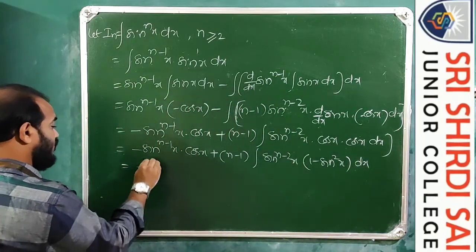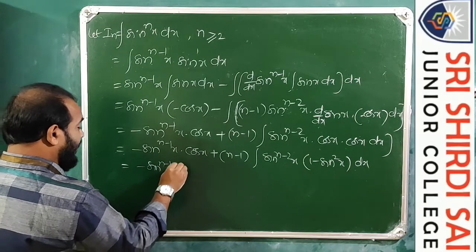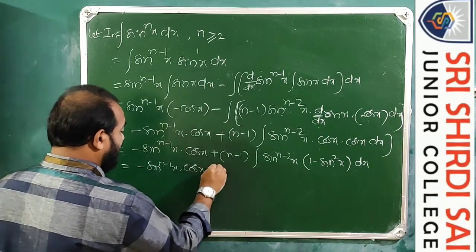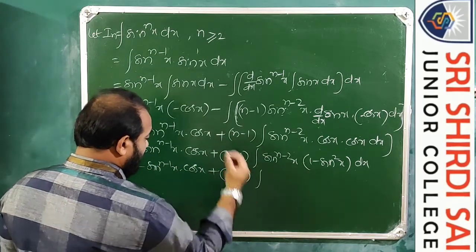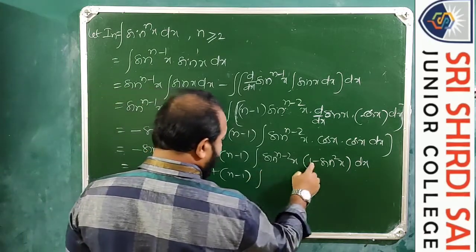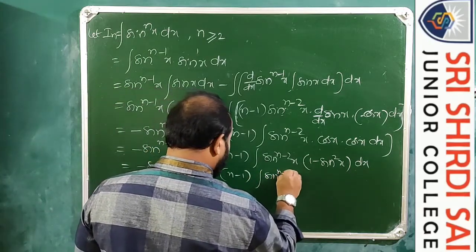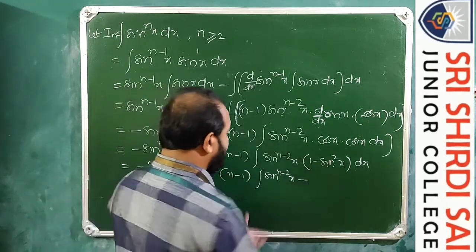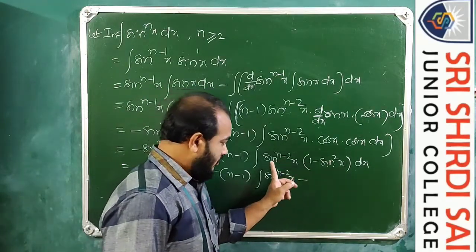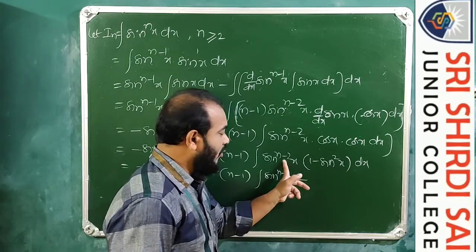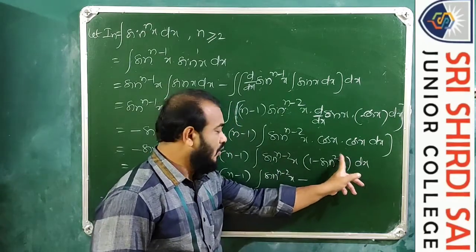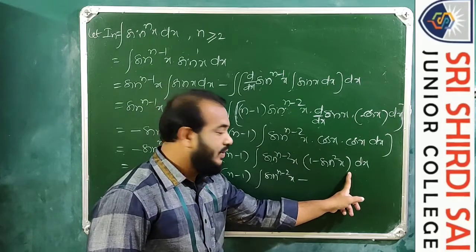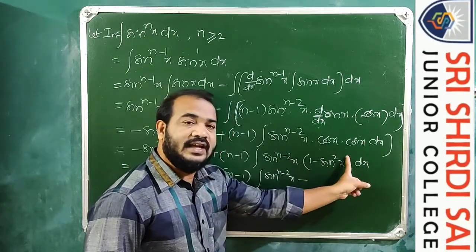So this is equal to minus sin^(n-1)x cos x plus (n-1) times the integral of sin^(n-2)x into 1, which is sin^(n-2)x, minus sin^(n-2)x into sin square x. The bases are equal, so exponents are to be added: n minus 2 plus 2 is n.